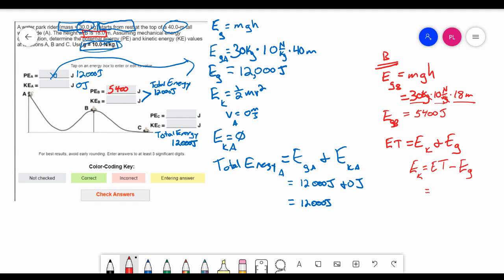And the total energy is constant for this system, so 12,000 joules. The gravitational energy, we're doing B, the gravitational energy at B is 5,400 joules. So if I do 12,000 minus 5,400, punch that into our calculator, and I believe we get 6,600 joules.